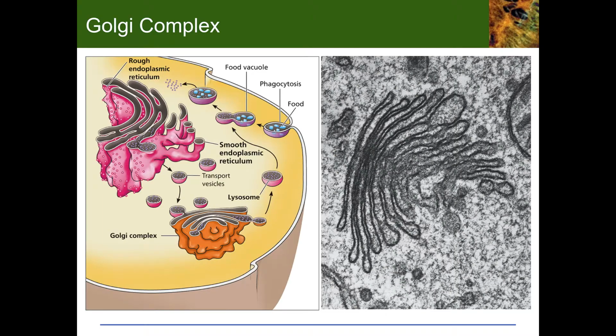And let's see here. This is showing the mode of transportation of how things move from one location to the next, especially through the Golgi complex. So I'll show you over here. You have the rough endoplasmic reticulum, and once these ribosomes make the proteins that they're going to make, they generally go inside the ER lumen.